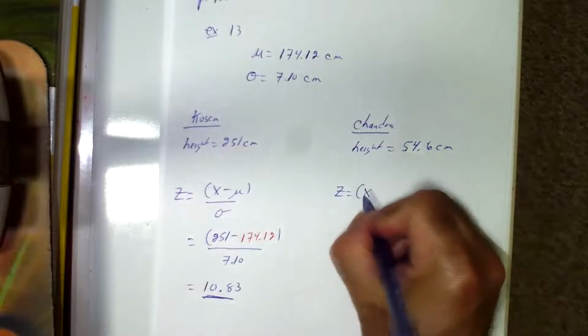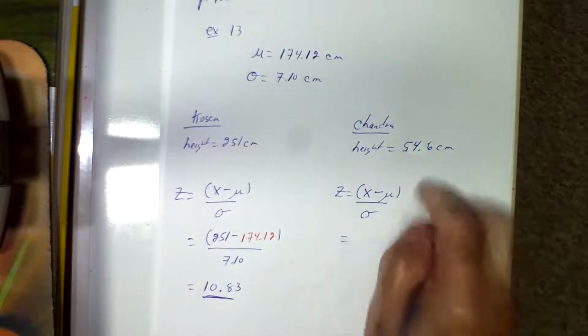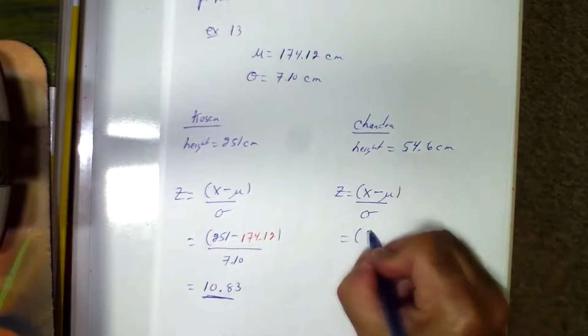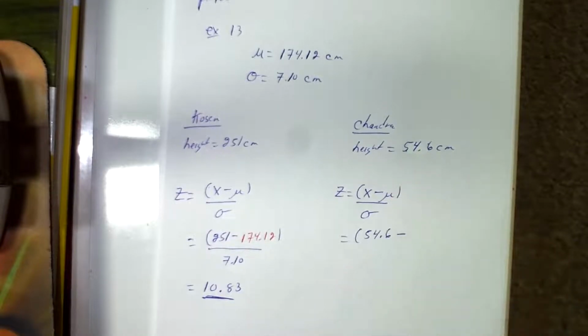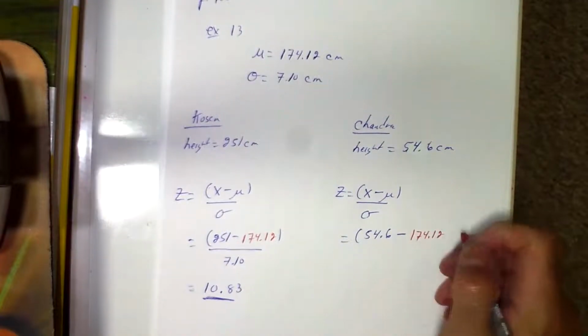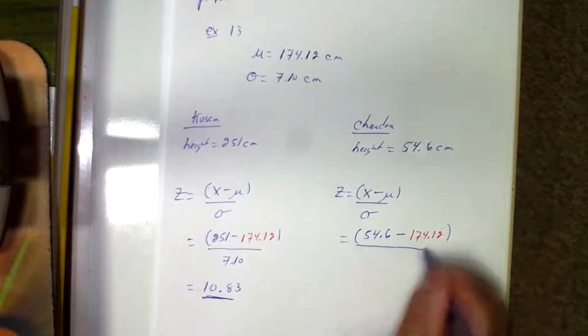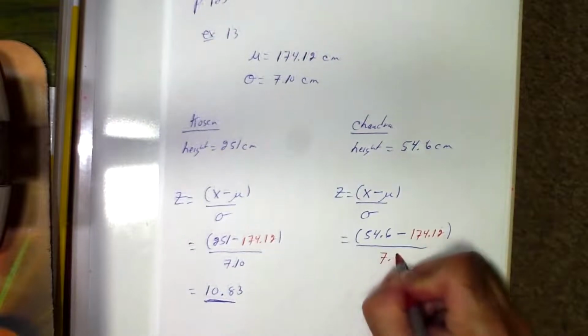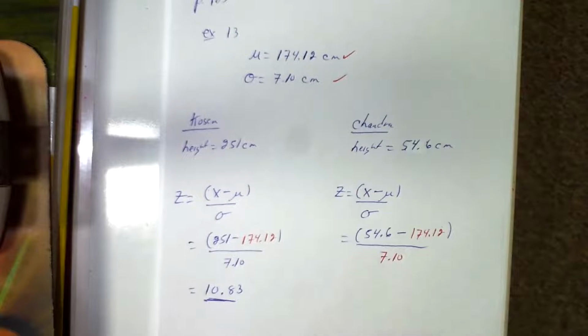Okay, Chandra, let's compute his z-score. So x minus mu over sigma. We're going to substitute 54.6 minus 174.12. And we're going to divide that by 7.10, because those two were given to us, right?